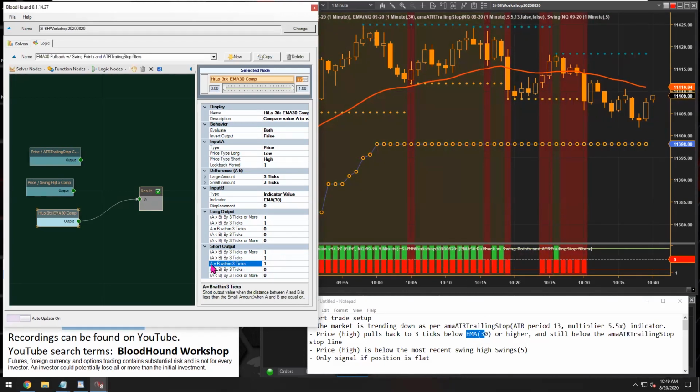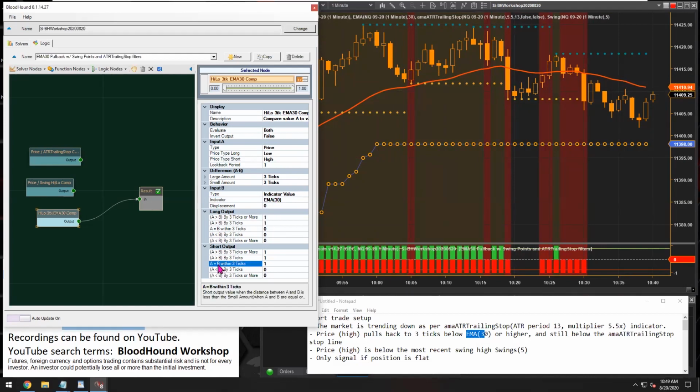And this A equals B within 3 ticks. What does within 3 ticks mean? That means you can be 3 ticks below or 3 ticks above our EMA 30.